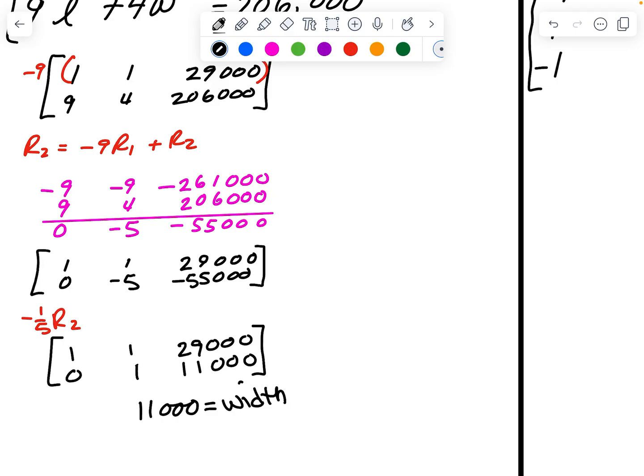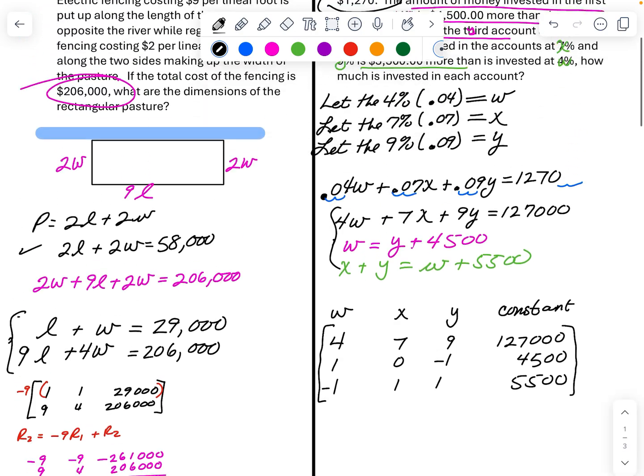And 29,000, take away 11,000 is the length. So 18, 1, 2, 3 is the length. That might be the easiest way to do that. That's not bad. All right.